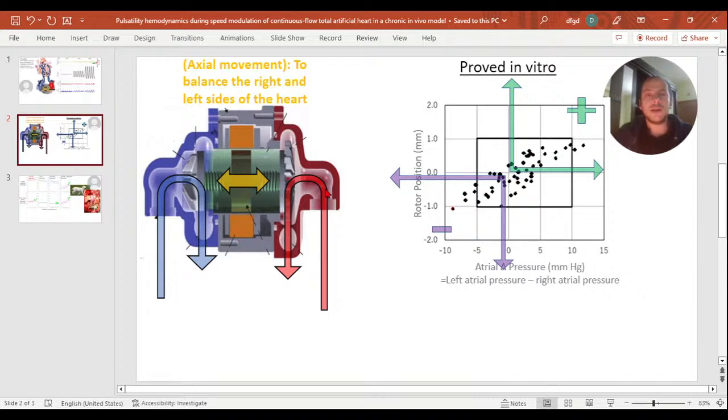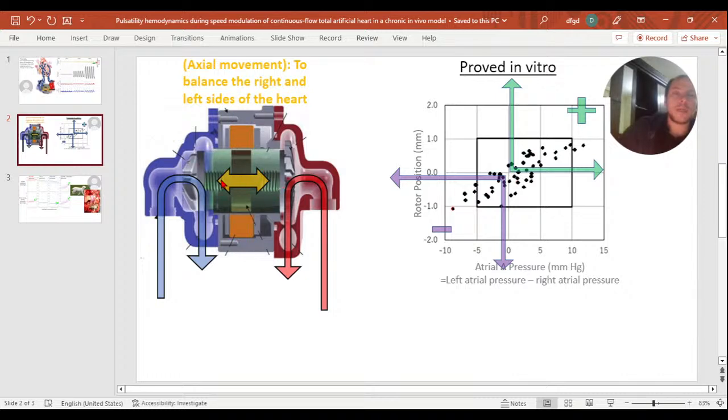And so, for example, if the left pressure was higher than the right pressure, the motor will go to the right. But if the right atrial pressure was higher than the left atrial pressure, then the motor will go to the left. And by the way, there is a magnet that is going to pull the motor back to its original position after it moves, stabilizing it.